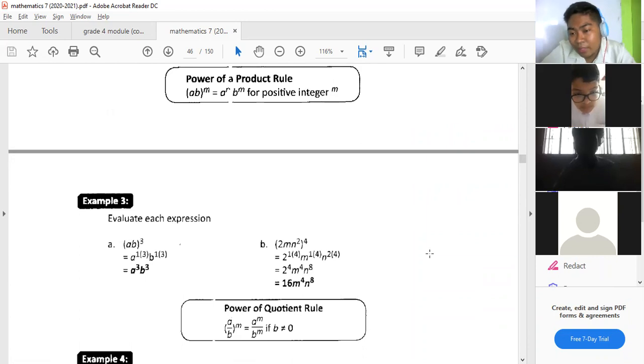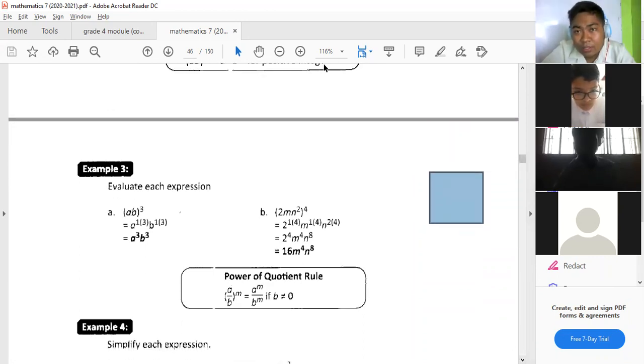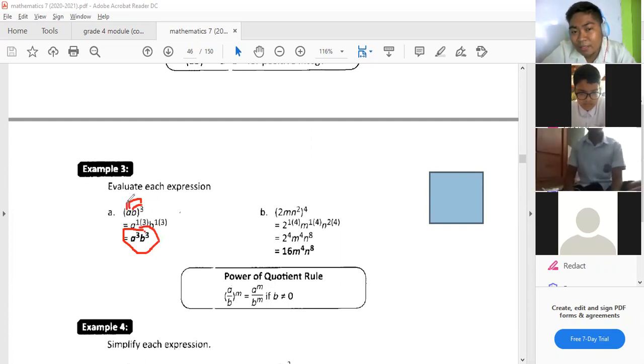So, ito magiging A times 3, A raised to 3. That would be A cube. B raised to 3. That would be B cube or B raised to 3. Nakuha? So, distribute mo A raised to 3, B raised to 3.